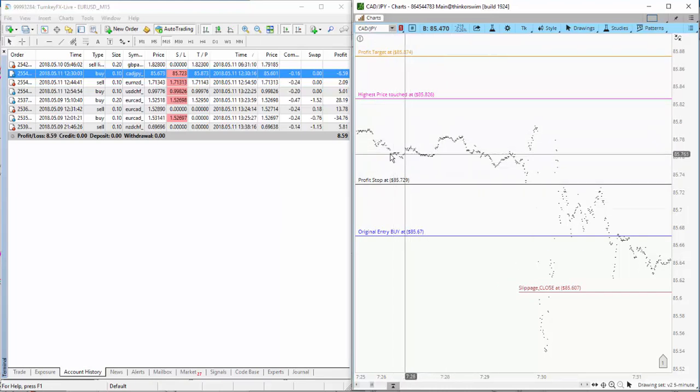Well, what happened is the price was going along kind of above the profit target, came down and almost touched the profit target. If it had touched the profit stop, it would have closed the trade right here for the 5 pips of profit, right? But it didn't stop out and the price went back up.